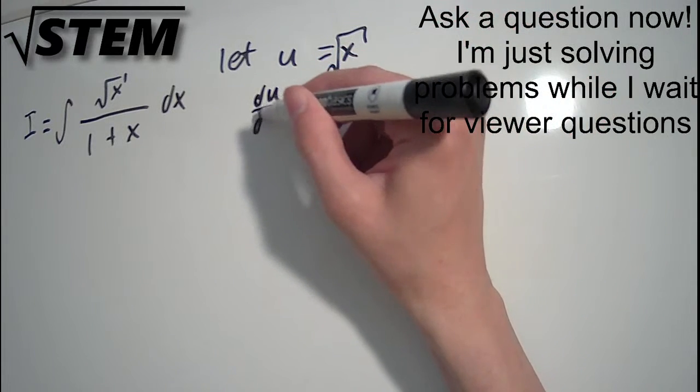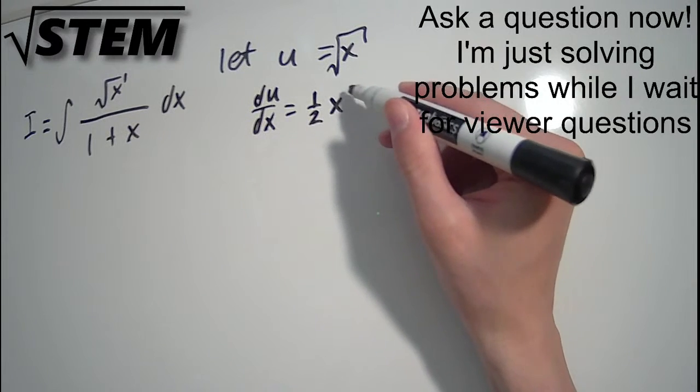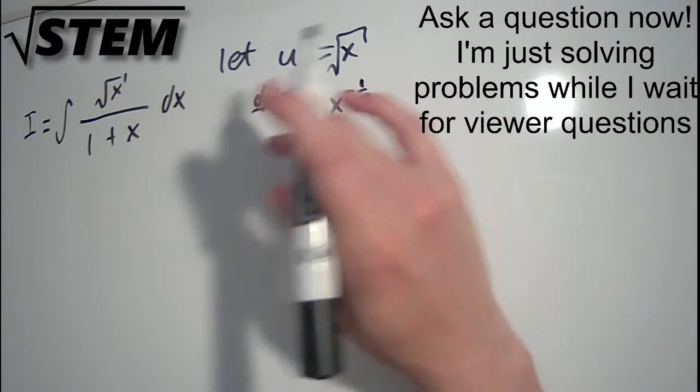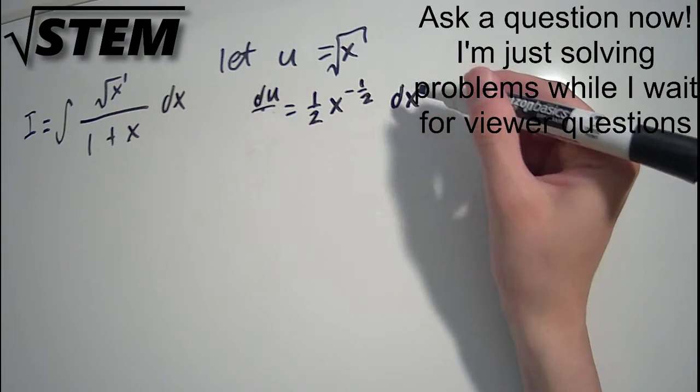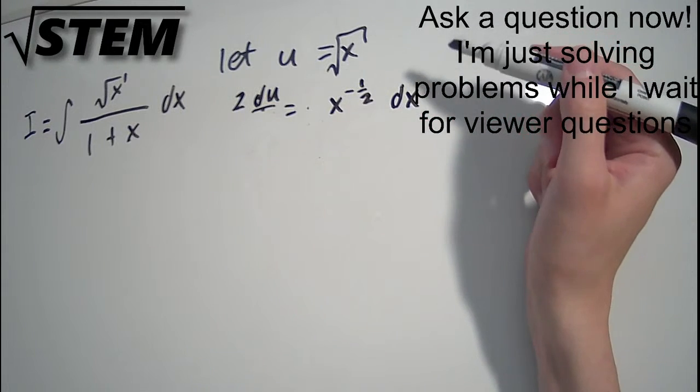Then du dx would be 1/2 x to the negative 1/2. Bring the dx over, bring that 2 over.